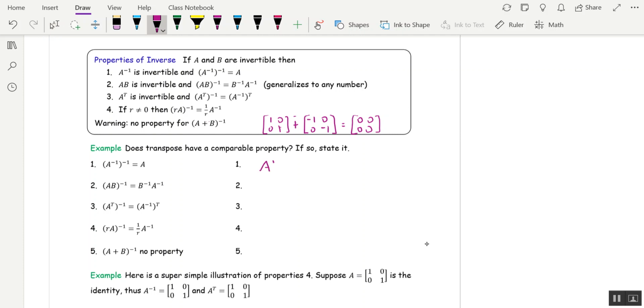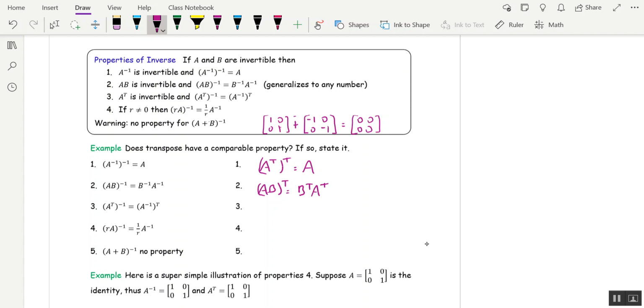If you take the transpose of the transpose, you get A back again. All right. The inverse of a product is the product of the inverses in reverse order. We had the same property for transpose. AB transpose was B transpose, A transpose. And these both generalize to any number of matrices.